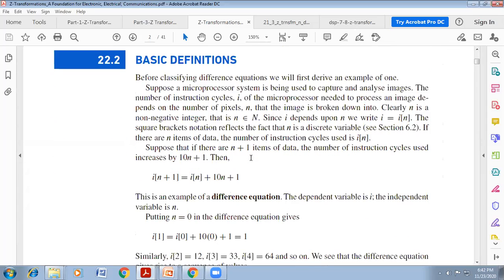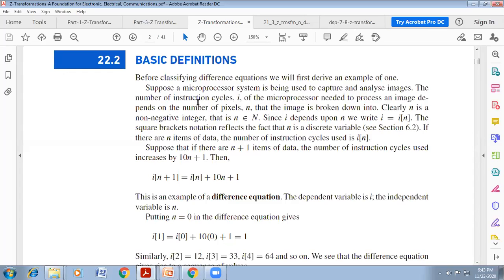Now, basic definitions of difference equation. Before classifying difference equations, we'll first derive an example. Suppose a microprocessor system is being used to capture and analyze an image. That means a microprocessor system is being used to capture and analyze an image. We are using a microprocessor system to analyze what? An image.